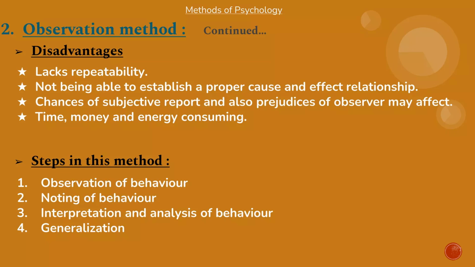This means the observer may have their own notion in their mind, so they can interpret by virtue of the psyche which is running in their mind at the time of observation. So this can be a mismatch with the actual situation.